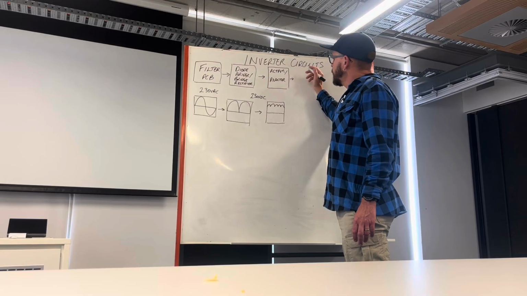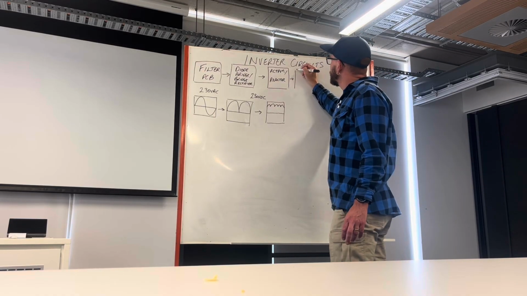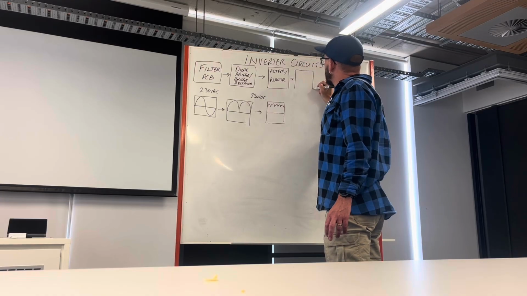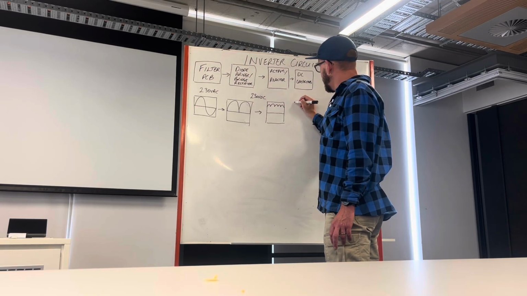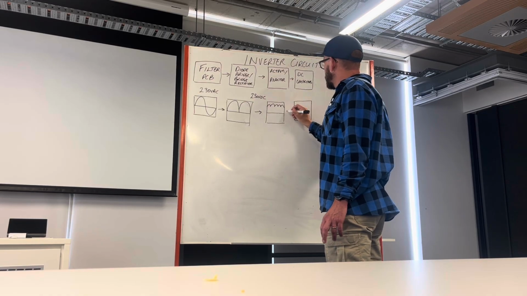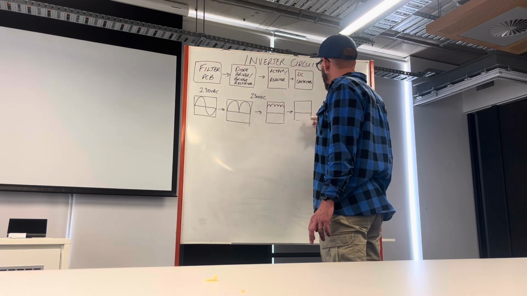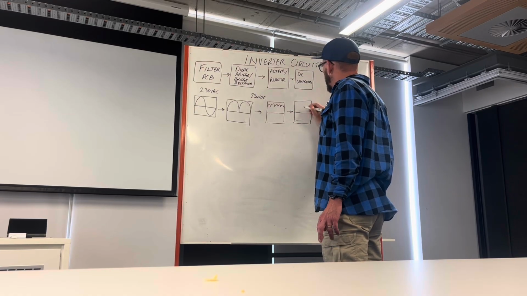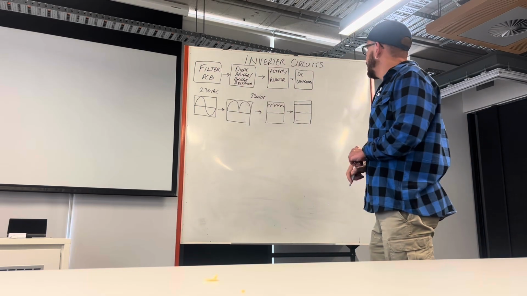From there we usually go into a bank of capacitors, DC capacitors. So my capacitors here. Coming out of the capacitors, we've got a nice steady DC voltage.